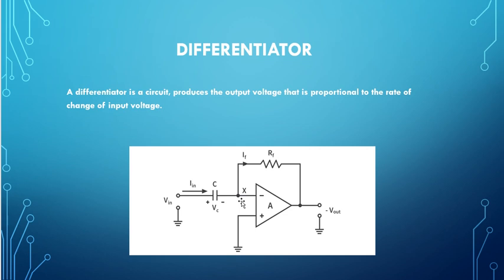Assume the voltage here at point X is VA. Then we have feedback in the op-amp. In this feedback we have RF, the feedback resistance, and IF is the feedback current. Then we have Vout, the output voltage. V in is the input voltage and Vout is the output voltage. This is the diagram of differentiator in op-amp.